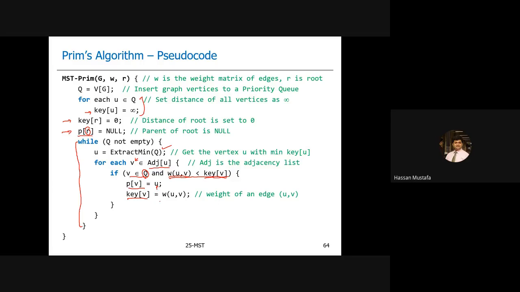And then we update the key of the adjacent nodes to be the cost of the edge between U and V. Remember, this W is the weighted matrix, and the entry in this W matrix at position UV is the cost of the edge between U and V. So we use this cost to update the array that we call the key of the specific vertex.